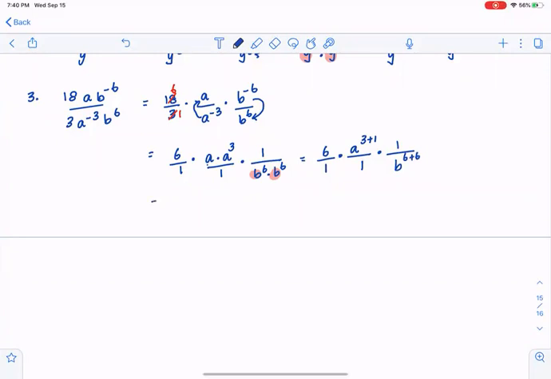So 6 over 1 times a raised to 4 over 1 over b raised to 6 plus 6 is 12. So we will get 6 times a raised to 4 times 1, 6a raised to 4 over b raised to 12.